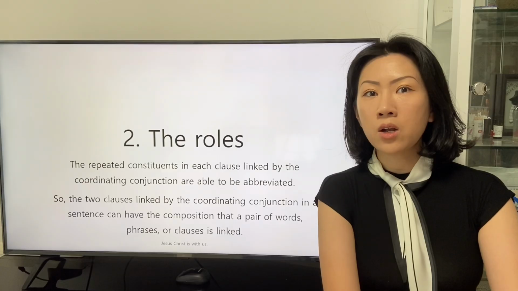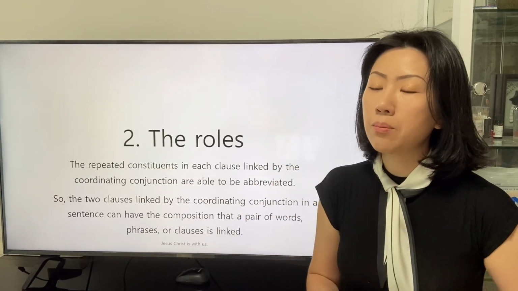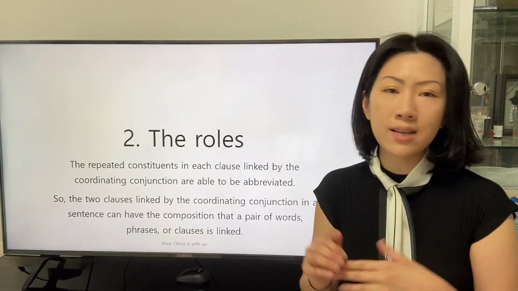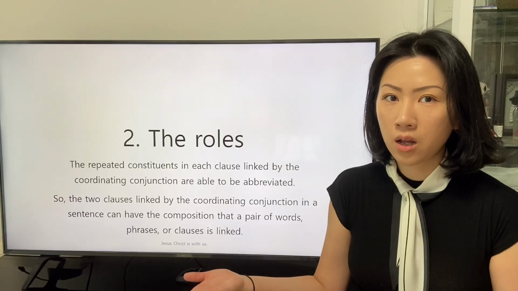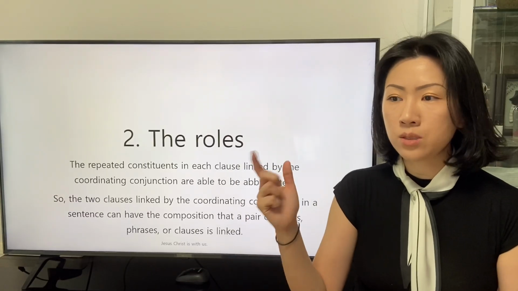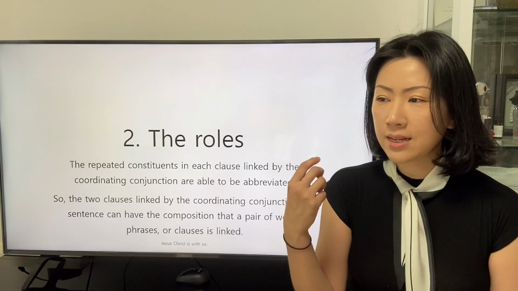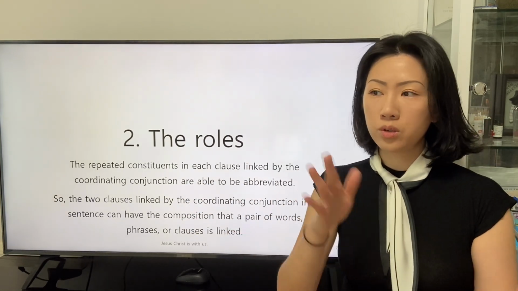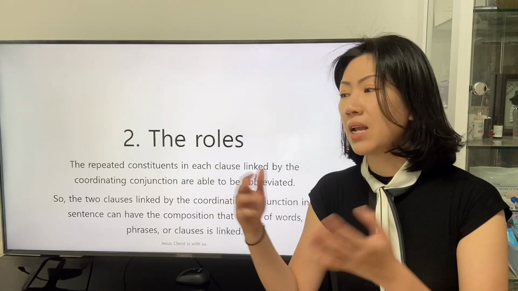the coordinating conjunction and links only clauses, but we frequently encounter a sentence like this. I like an apple and a banana. In that case, we can see that the conjunction and seems like linking the two noun phrases, an apple and a banana.